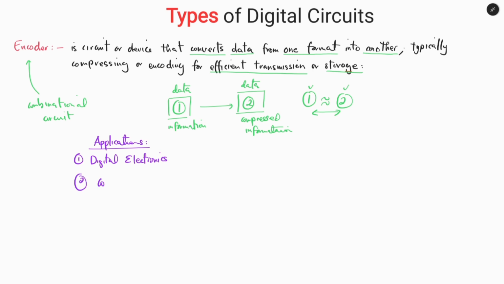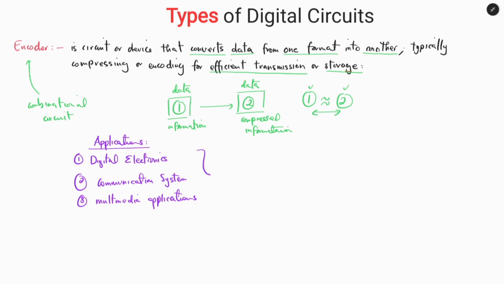And two, we have communication systems. A communication system is nothing but a system in which information can be transferred from one place to another. And thirdly, we can say multimedia application. Multimedia application is nothing but producing music, producing a video, a movie. All of this can be covered under multimedia application.